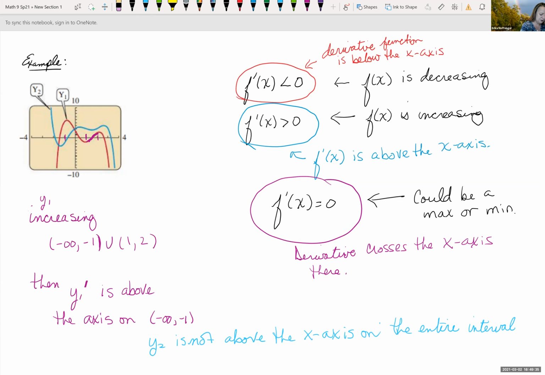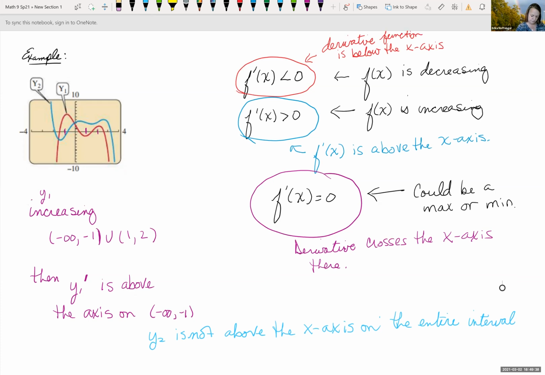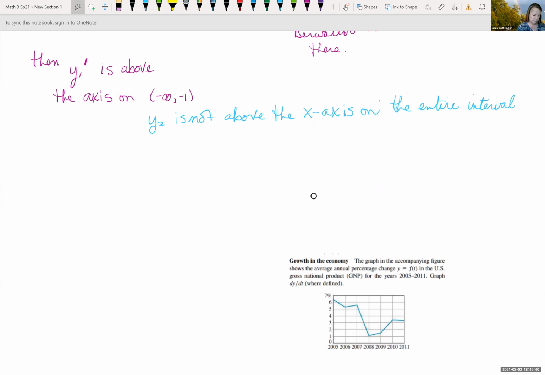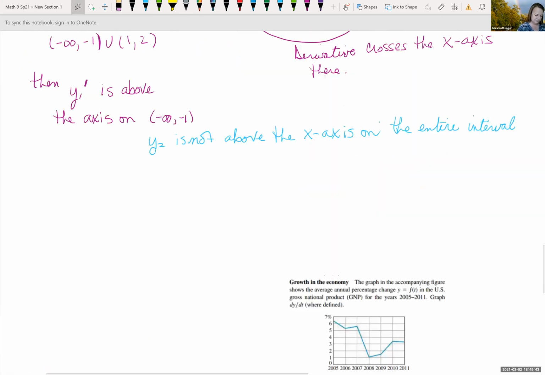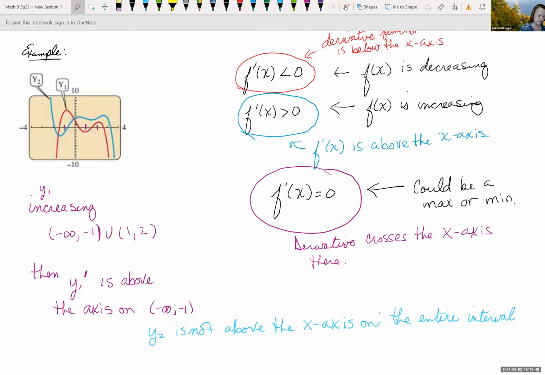So let's look at y sub 2 now. Again, let's look at where it's increasing. It starts to increase at about negative 1.5 until about here, and then it's increasing about here to here.